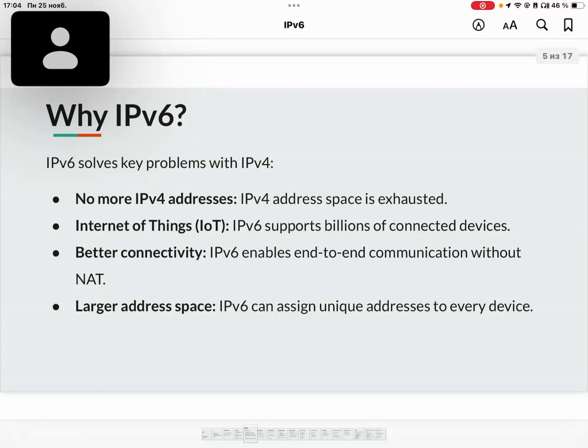Think of it as not having to package everything through a single mailbox for an entire apartment building. IPv6 gives each apartment its own mailbox, making delivery faster and simpler. By removing NAT, IPv6 restores the original vision of the internet, direct communication between devices. This makes networks simpler, faster, and more efficient.